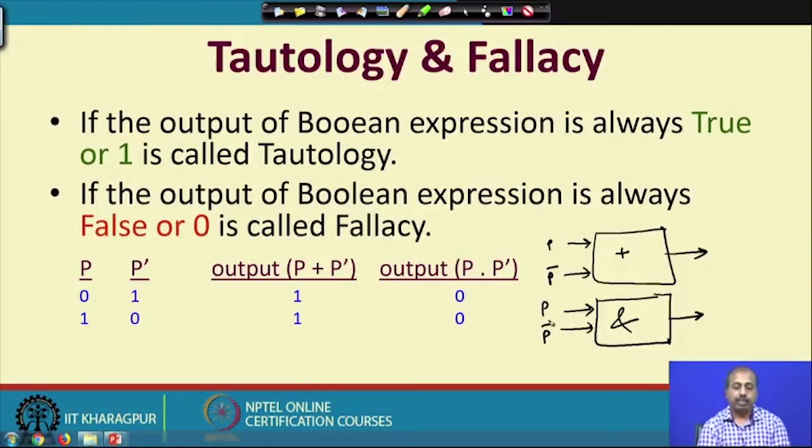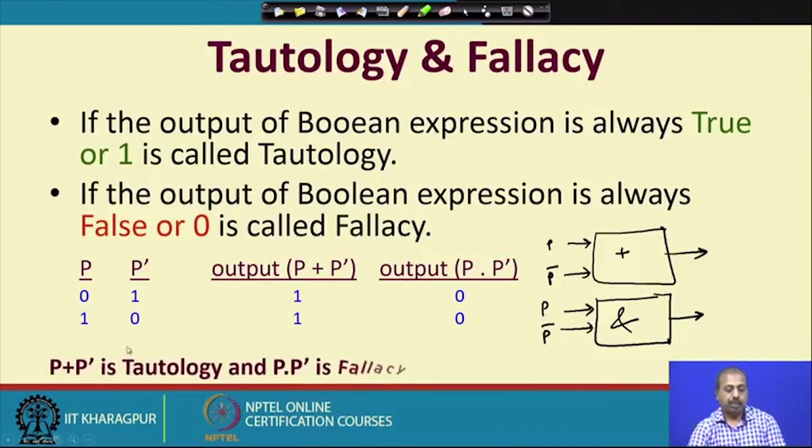So, in one case we have always 1, in the other case we have always 0. It does not depend on the value of p. So, p plus p bar is a tautology because it is always true, and p dot p bar is a fallacy because it is always false.